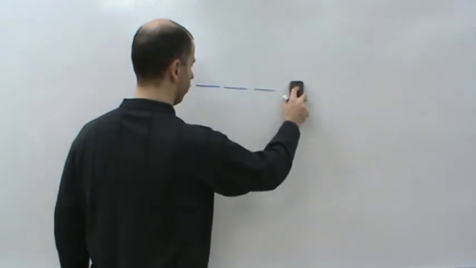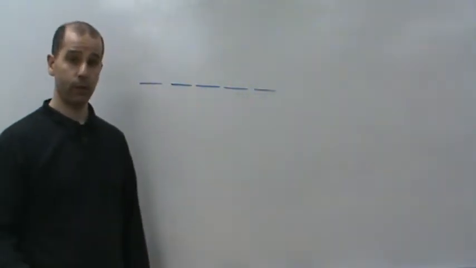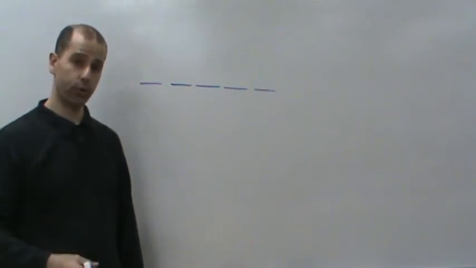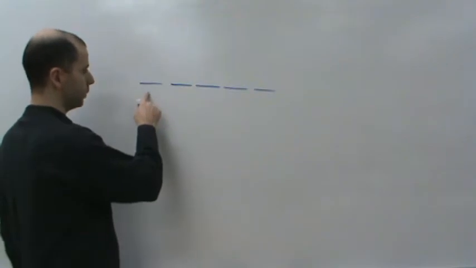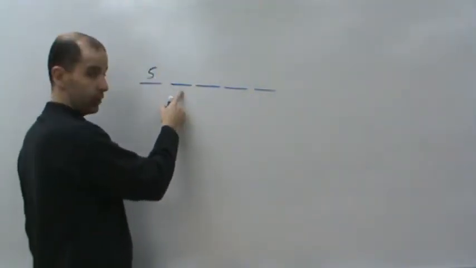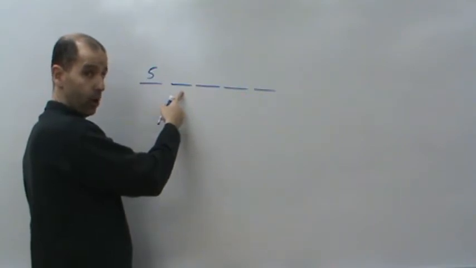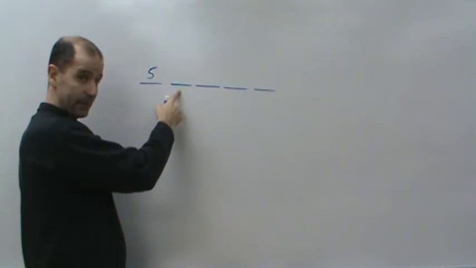Okay, so now, if I have 5 people, how many different ways can I order them for a photograph? Well, how many people do I have for the first position? 5. And then how many do I have for the second position? Only 4. Because once we choose somebody to be first, they can't be second, right?